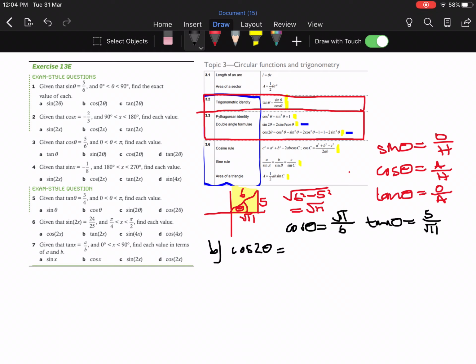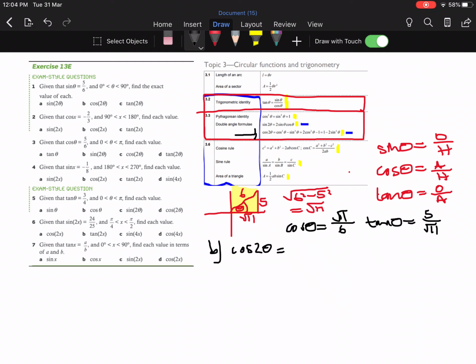And now we have to look here for what are the equations. There are 3 equations for cos 2 theta. Cos squared theta minus sine squared theta, 2 cos squared theta minus 1, and it's also equal to 1 minus 2 sine squared theta. Because I know sine theta and I know cos theta, you can actually use all 3 here.